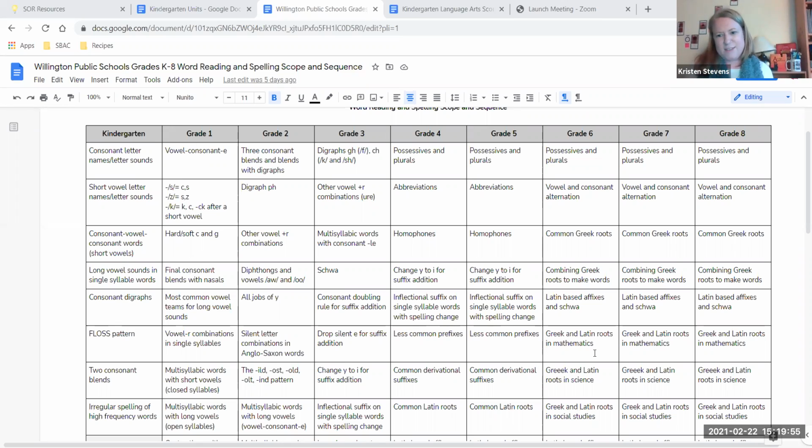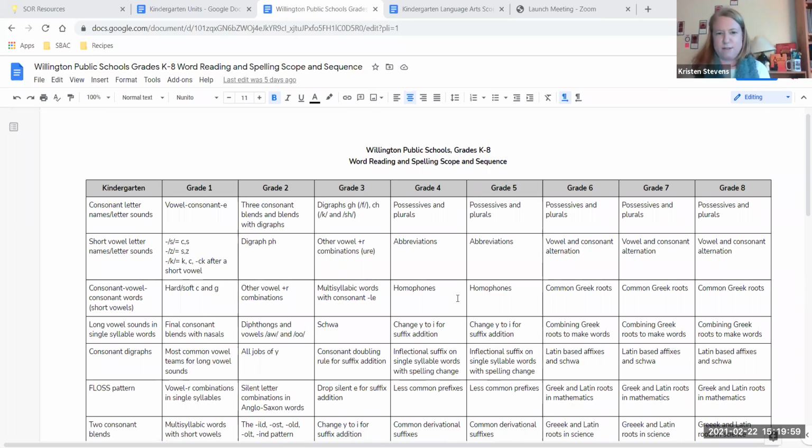Yep. And this is a draft. We had said that we wanted this, and I didn't have any scope and sequence like this, so this is what we asked for. I just tried to put something together that shows everything in word reading and spelling that our students will be learning in Wellington, starting in kindergarten and ending in 8th grade. Did you want to go through that in any other detail?